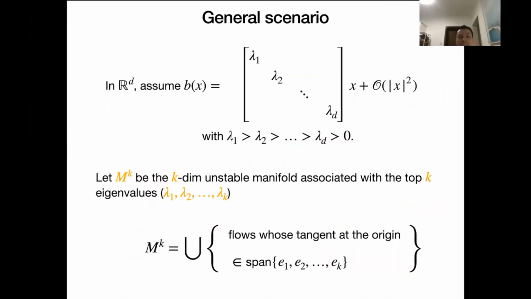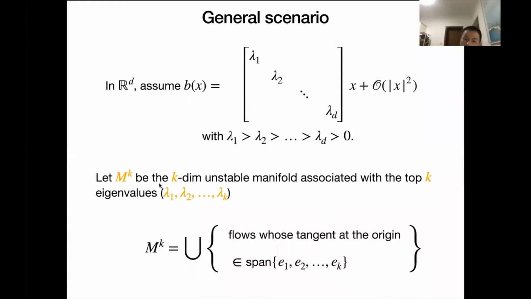So the general setting we consider is in R^d. We assume the vector field has linearization given by a diagonal matrix with distinct eigenvalues, and they are ordered in this way. Then we can define the unstable manifolds associated with these eigenvalues.